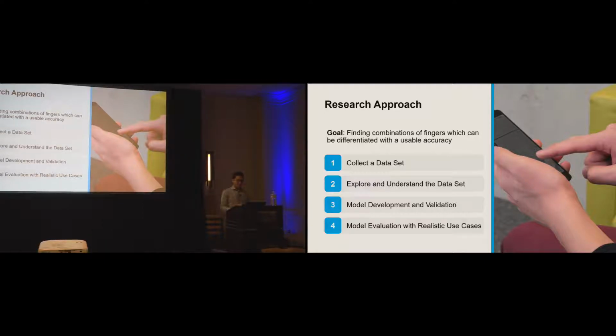In the third step, we develop models that identify fingers and further validate them with a test set. Finally, we evaluate our best model in a user study with new participants. Besides the validation of the accuracy, this enables us to study the perceived usability of the model, how users adapt to it, how they use it, and to collect qualitative feedback on the use cases that we built upon our models.